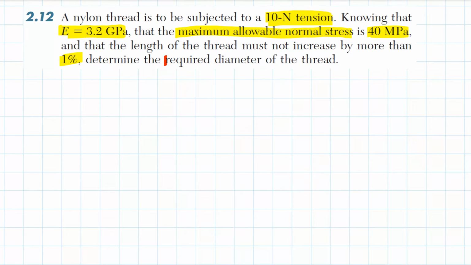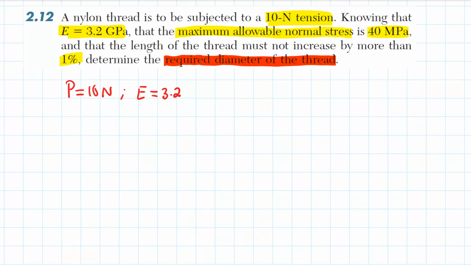So here we want to find the required diameter of the thread. Here we're dealing with a nylon. That nylon is subjected to a load equal to 10 Newton. Knowing that E is 3.2 times 10 to the power 9 Pascal.